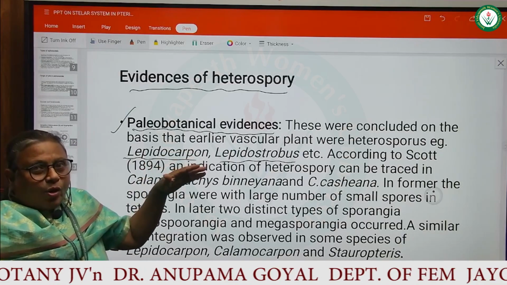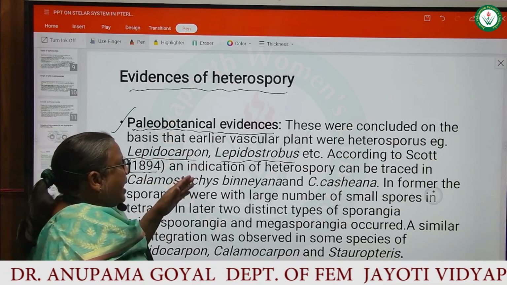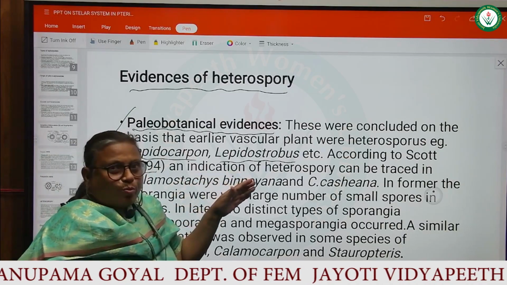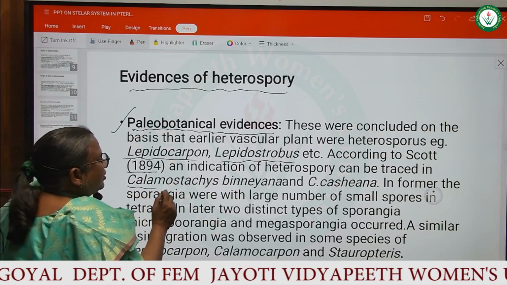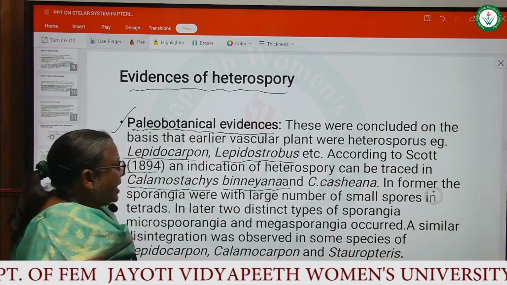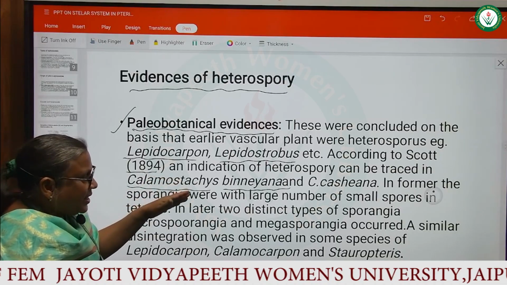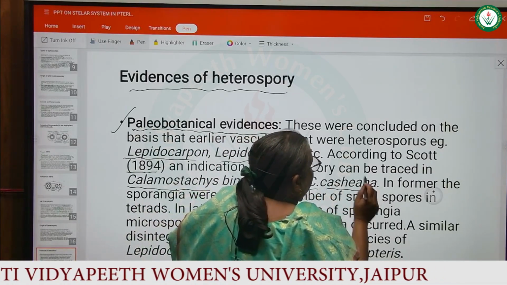So, according to Scott in 1894, an indication of heterospory can be traced in Calamostachys binneyana and Calamostachys casheana.